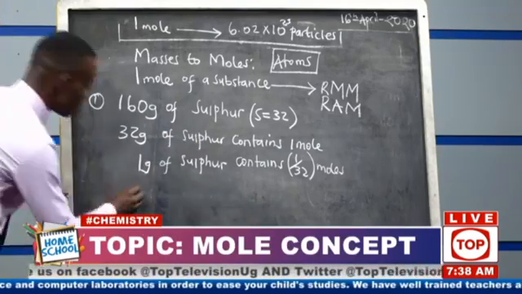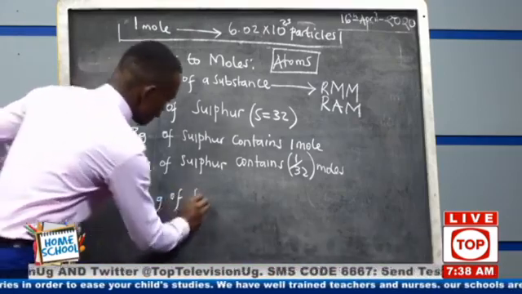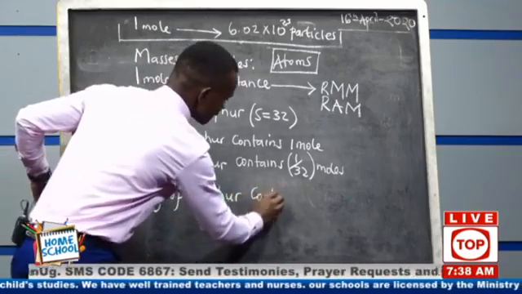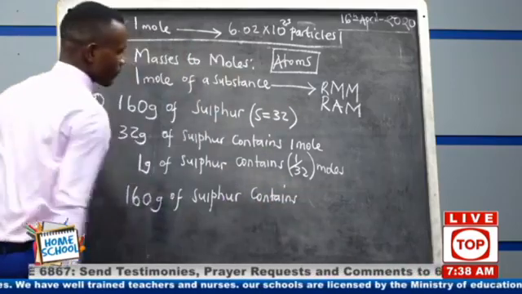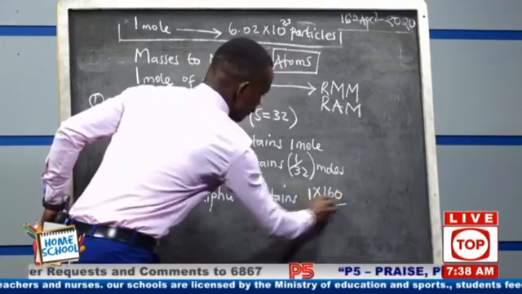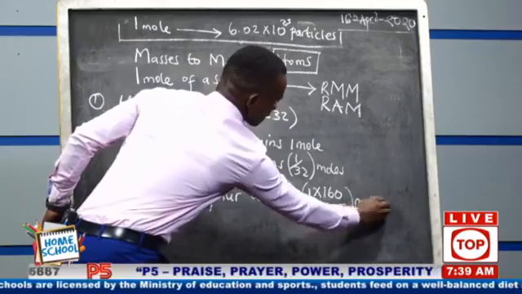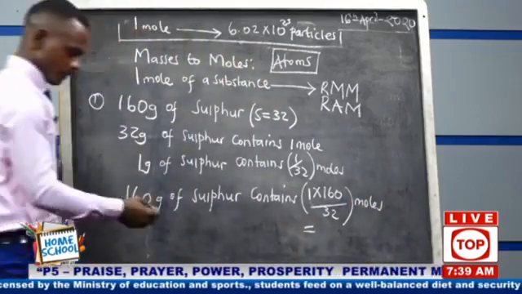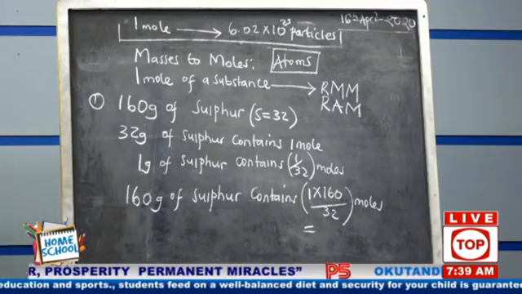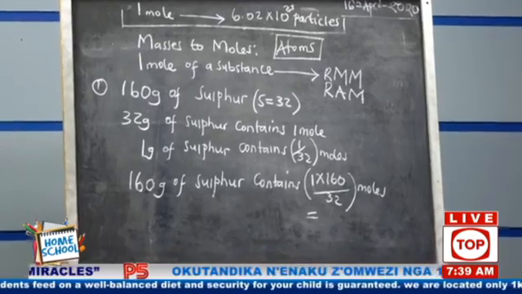Now you say, if the number increases to 160 grams of sulfur, that means this one contains 1 times 160/32 moles. Please use your calculators to get the right answer.